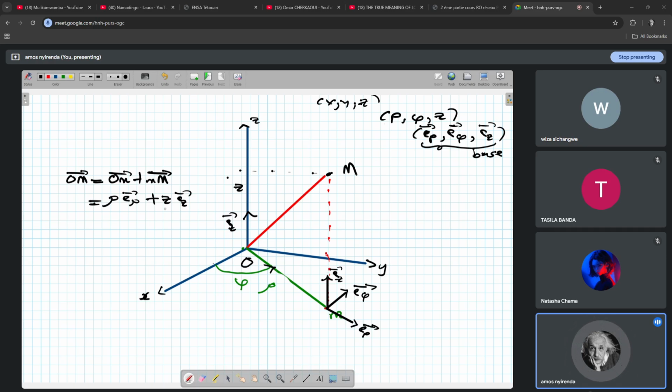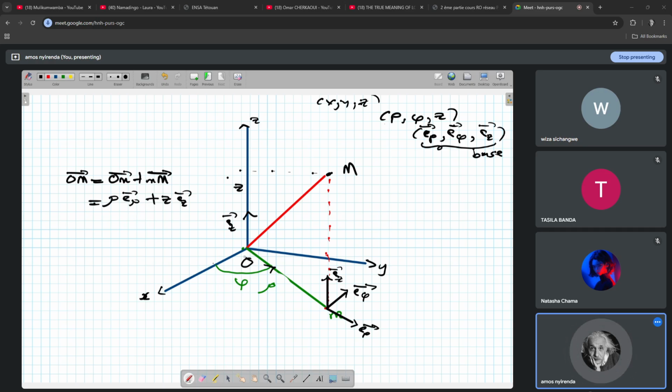So the length of this vertical line is z, and so we'll have z times the unit vector z. z is the number, the length, the magnitude. But the unit vector z adds direction, adds another characteristic to this quantity to make it a vector.